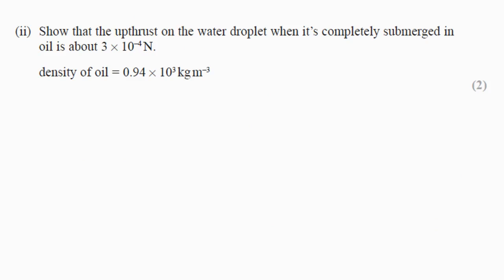Then the next part: show that the upthrust on the water droplet when it is completely submerged in oil is about 3 × 10^-4 Newton, where the density of oil is given as 0.94 × 10^3 kg/m³. How can we find the upthrust force exerted by the oil on the water droplet?